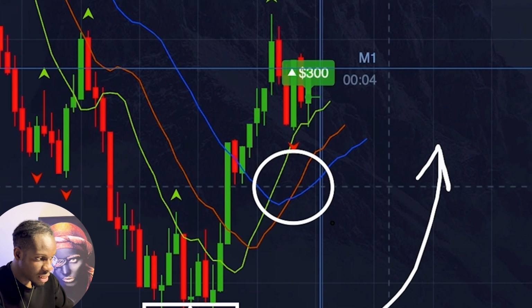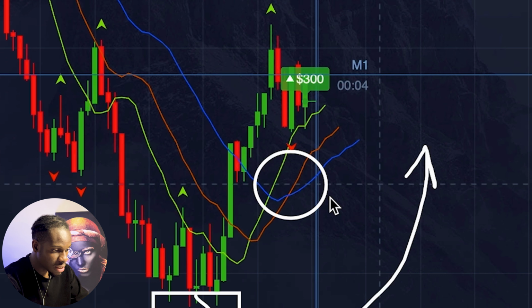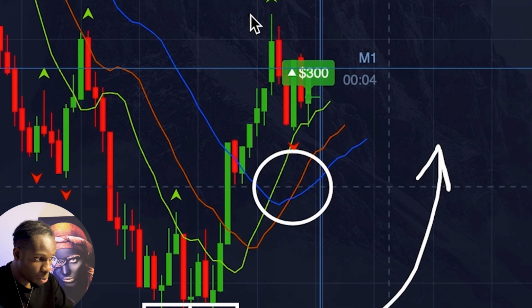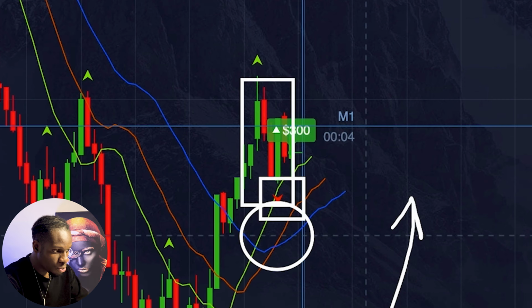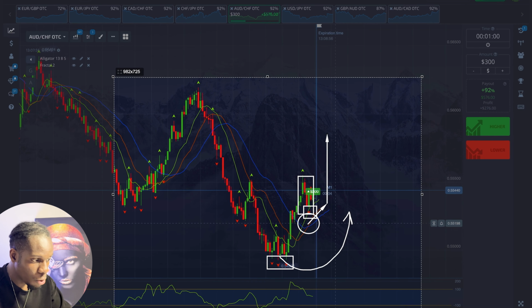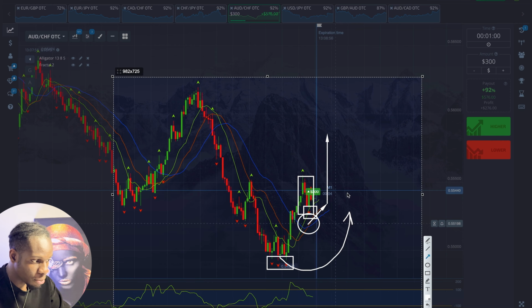Also, if we see over here, the alligator's moving lines also crossed and they're heading upwards, which is a sign of upward momentum. And after this pullback, a local minimum was also formed along the fractal. So I'm expecting a local maximum as well. I really believe that the future movement will continue to go up.